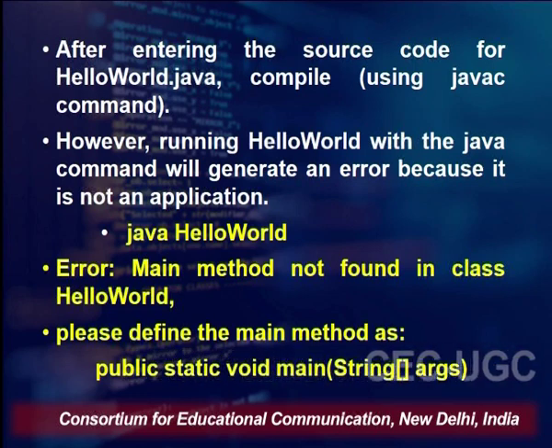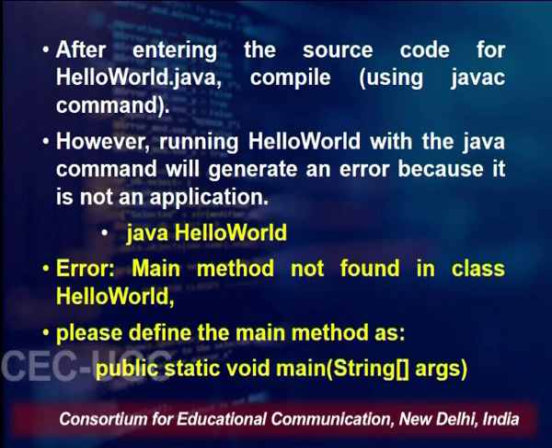So basically your system is looking for the main method, which is not found in this program, obviously because this is not an application and applets do not have main methods. But compilation was done smoothly, because compilation only catches syntactical errors.